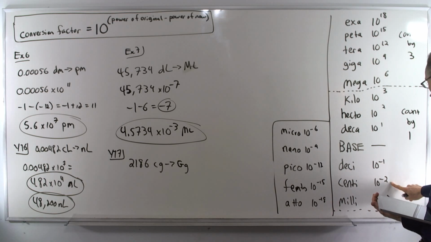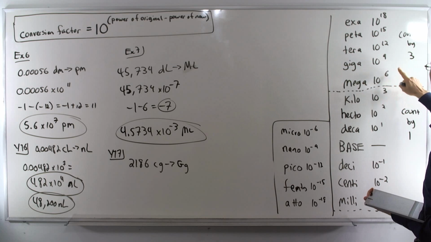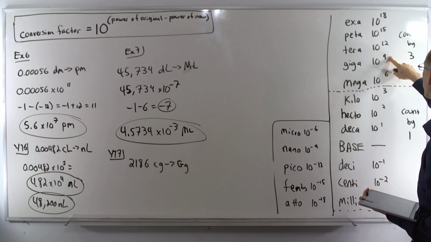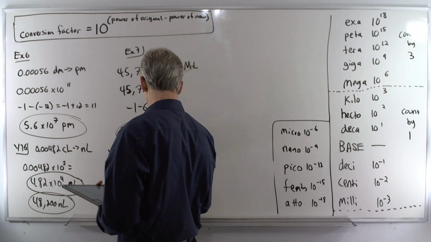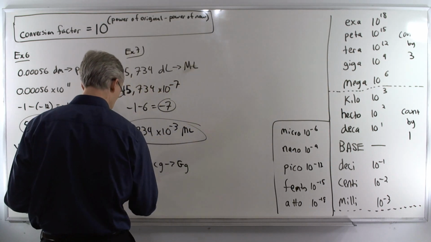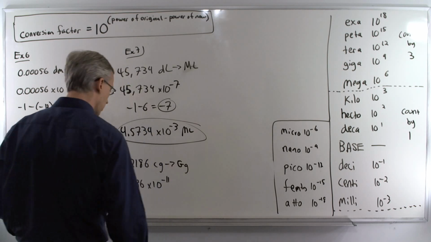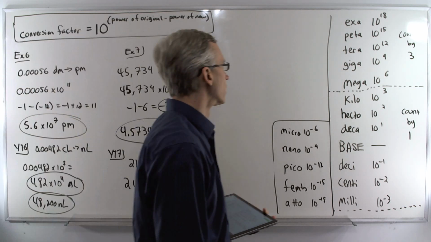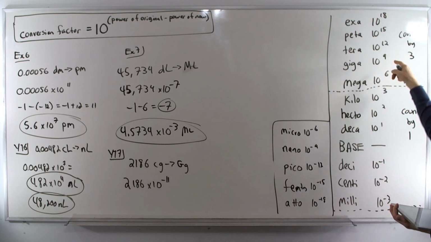All right, so we're counting up by ones here. 1, 2, 3, 4, 5. Now by threes. 8, 11. We're going up, so it's going to be negative. All right, 10 to the negative 11. Or we can find that by doing negative 2 minus 9, negative 11.